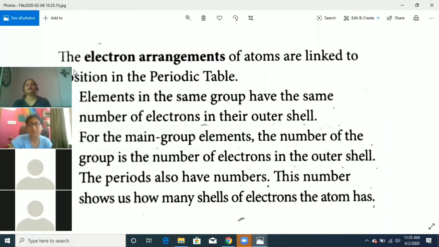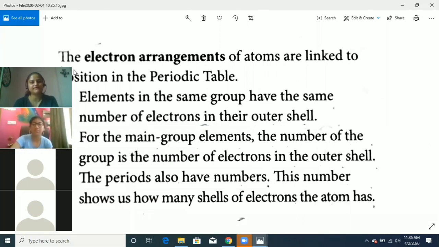Okay. Actually, we have learned the atomic structure, in which we have learned that protons and neutrons are present in the nucleus of an atom, and the electrons are revolving around the nucleus in the shells, and electrons are arranged in a particular manner, that is 2, 8, 8, 18, 18, 32. So the periodic table is arranged accordingly.